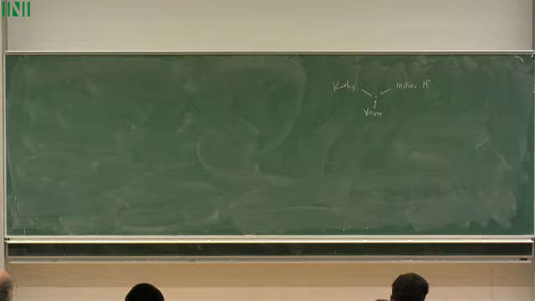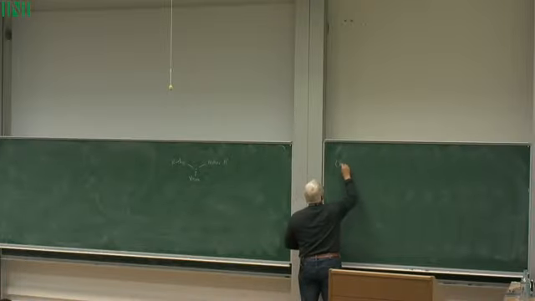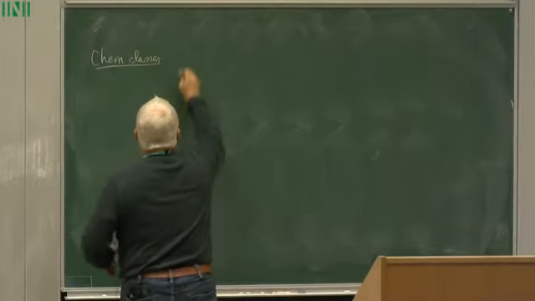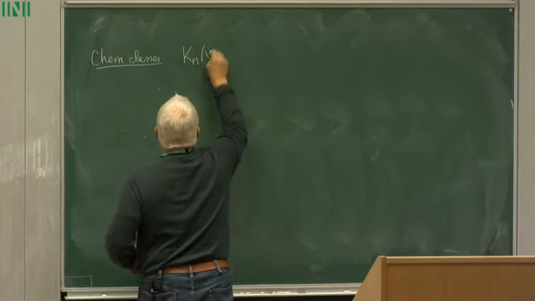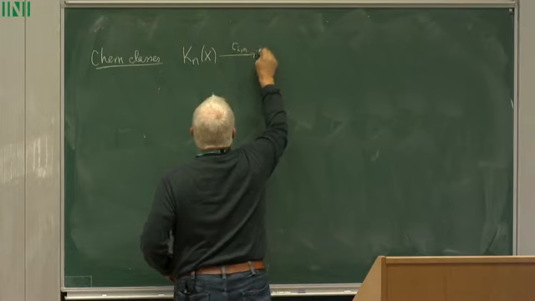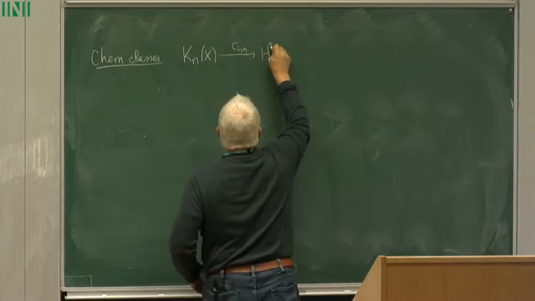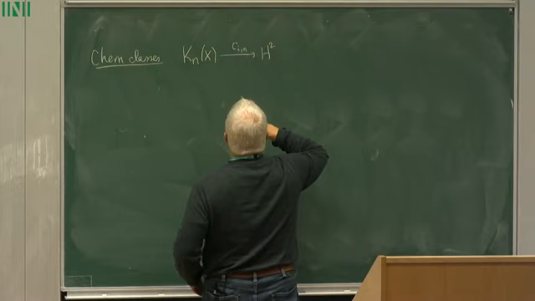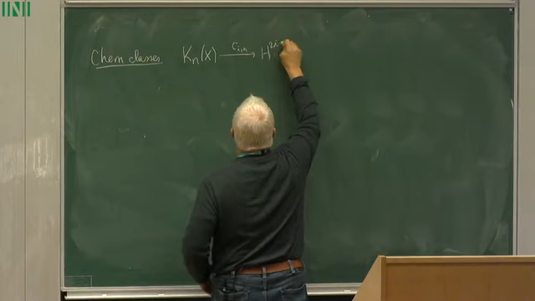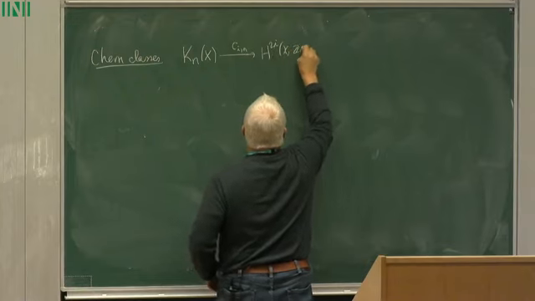So the first thing I want to mention is Chern classes. If you take K_n of X, and I choose an i and an n, then let's see, so I guess H^{2i-n} of X with coefficients twisted i times.